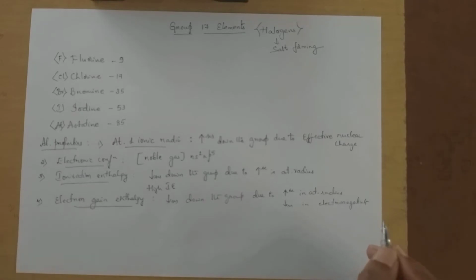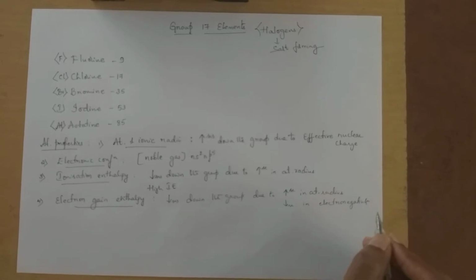So fluorine has a lower electron gain enthalpy than chlorine due to its small size.